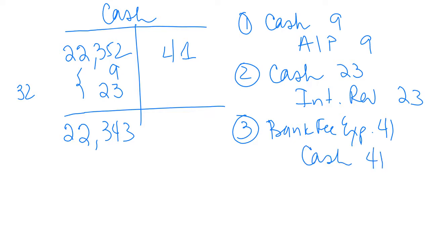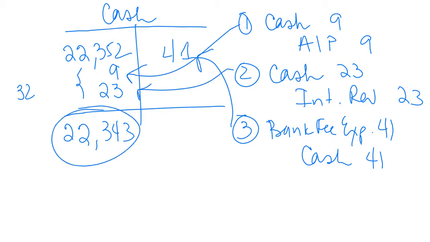By doing that, here's item 3. These are items 1 and 2. Now we'll be reporting the correct balance on the bank account.